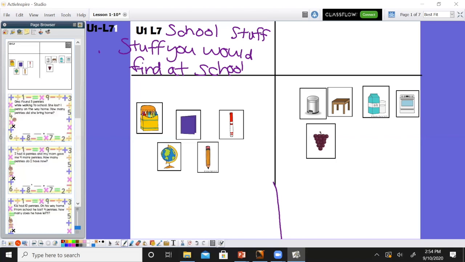So what would we title this side over here? What would we name this group? Tucker? Maybe kitchen stuff. Kitchen stuff. What else could we name it possibly? Quint?